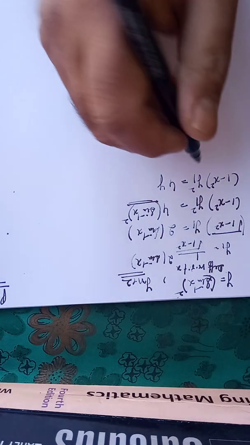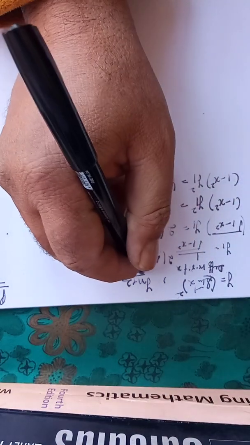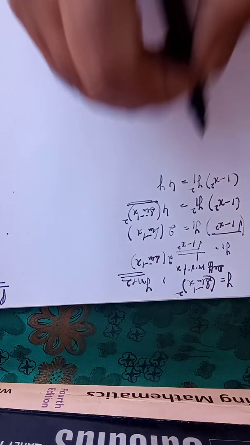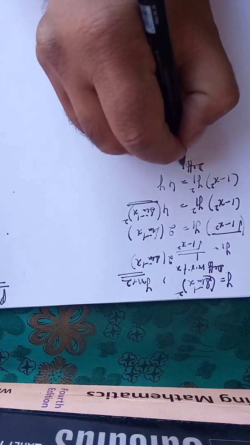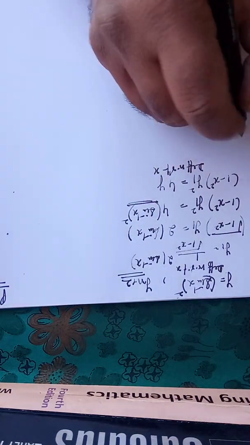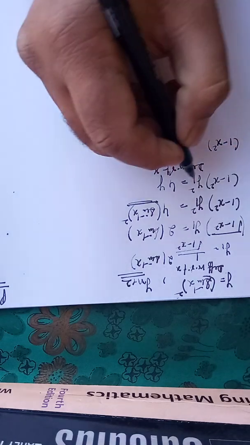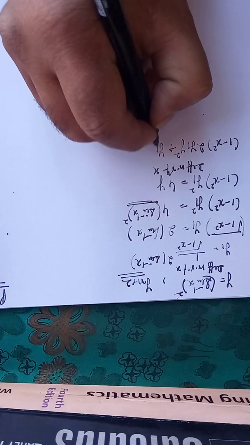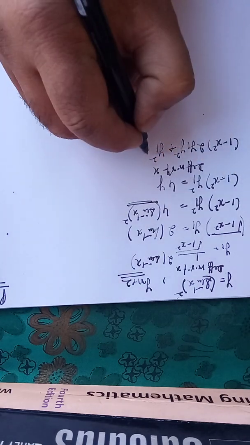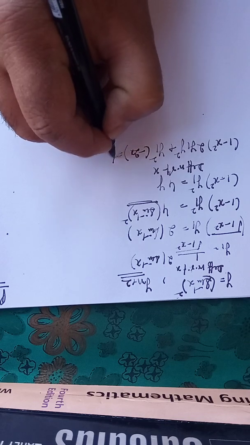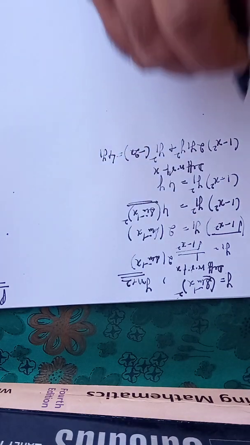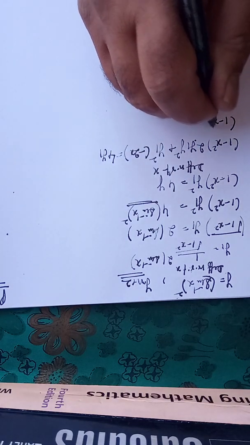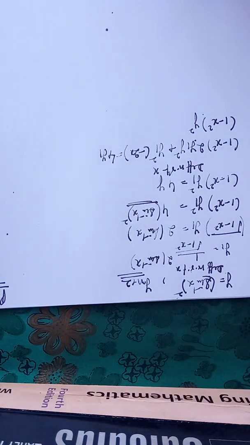Now I have to find y2 because I have to find y n plus 2. So let me differentiate again with respect to x. 1 minus x square as it is, derivative of y1 square is twice y1 y2. Then y1 square as it is, derivative of 1 minus x square is minus 2x. And this is 4y1.